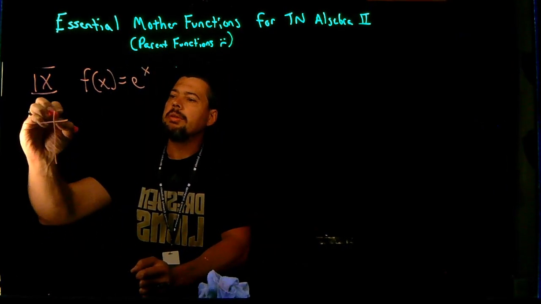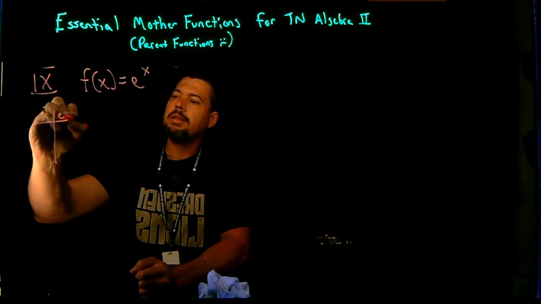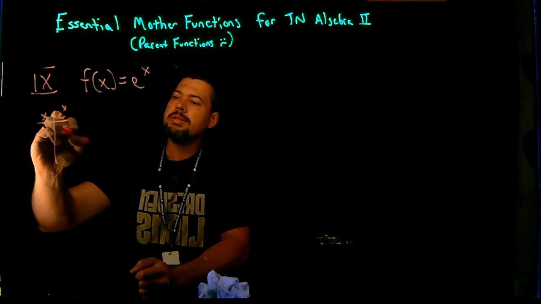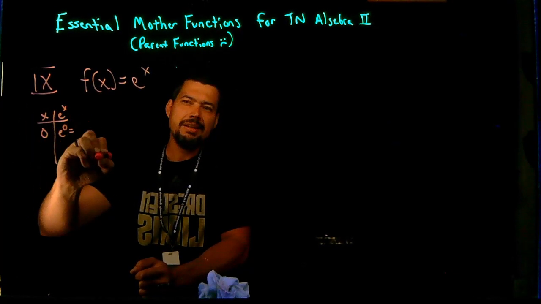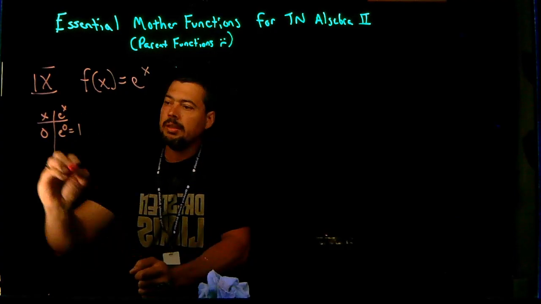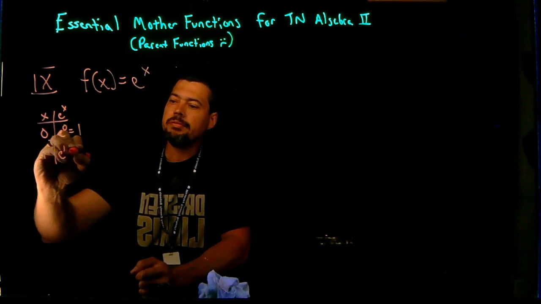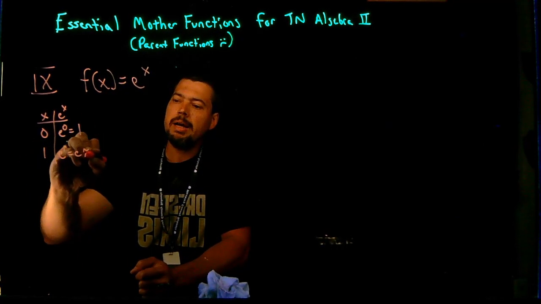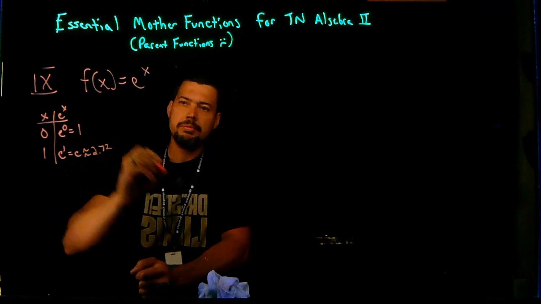Make a little table here. X, e to the x. If you let x be 0, this would be e to the 0, and anything to the 0th power is 1. If you let x be 1, we'd have e to the 1st, which is just e, which is about 2.72.